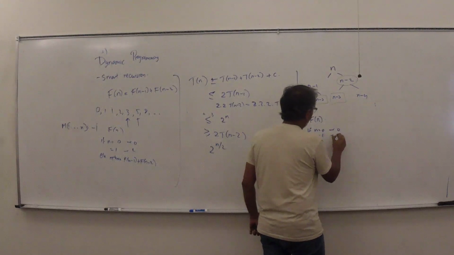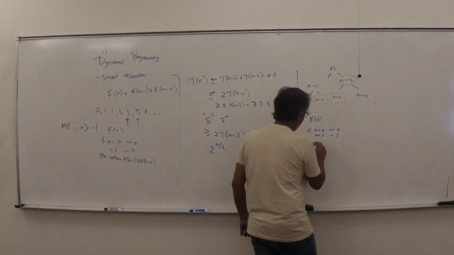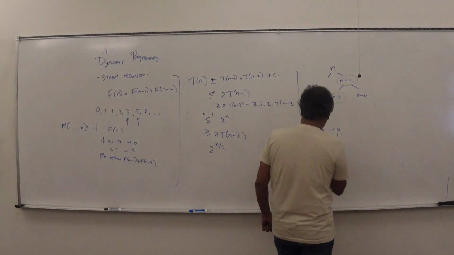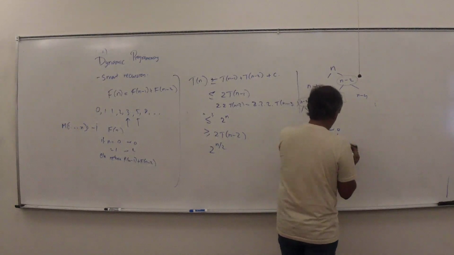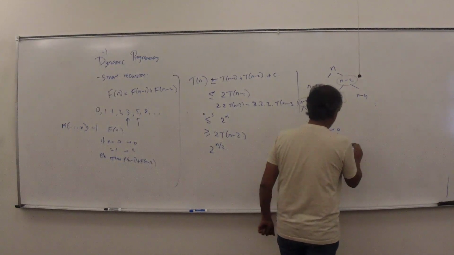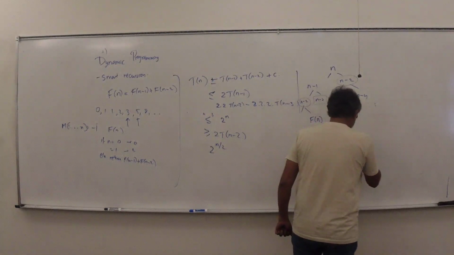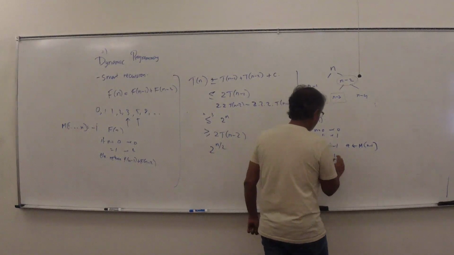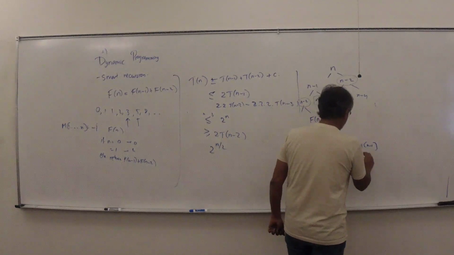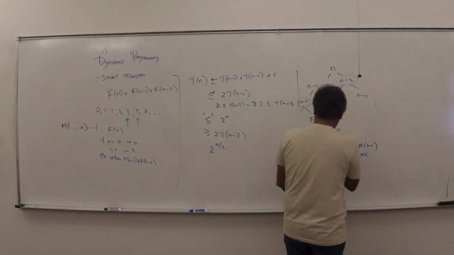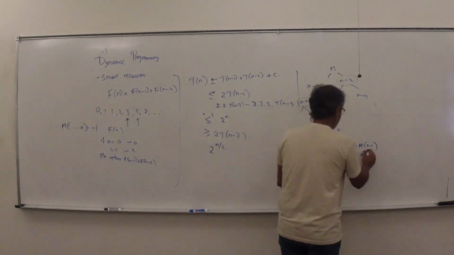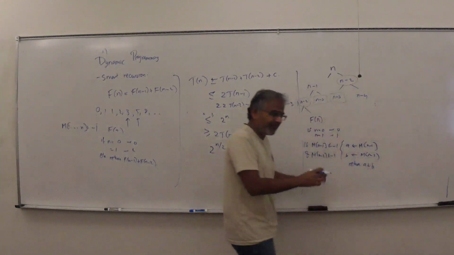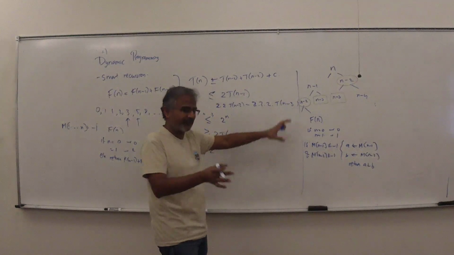If n equals 1, return 1. If m of n minus 1 is not equal to minus 1, then store that value as a. If m of n minus 2 is not equal to minus 1, then store that value as b. I'm writing very bad code here. And return a plus b. And if not, return a plus the recursive call.